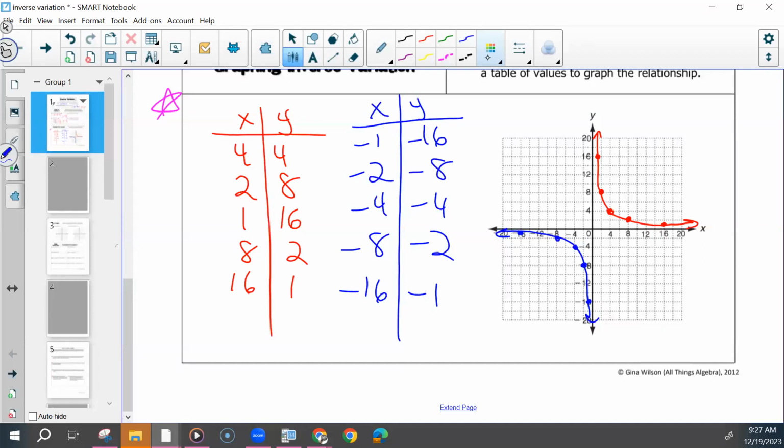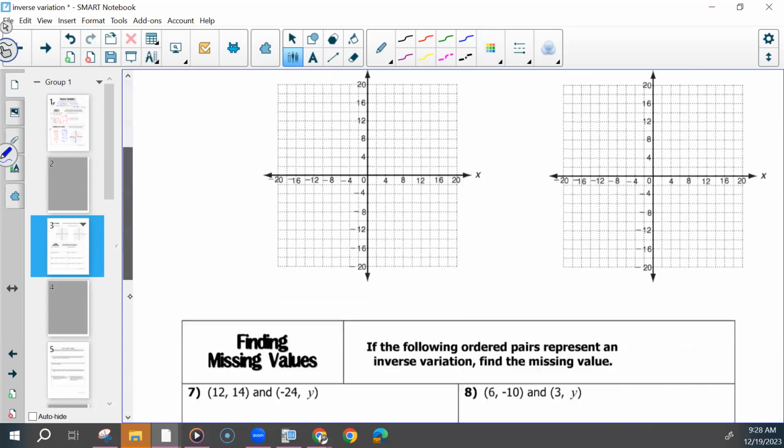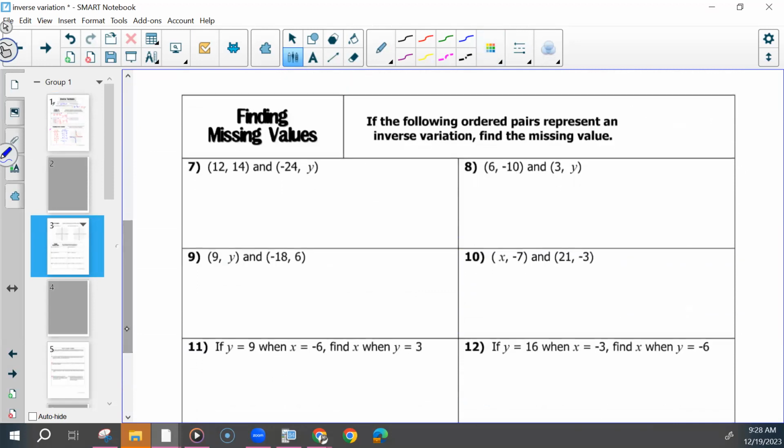So then on the single sheet that I gave you, find the side that has the graphs. We're not doing the graphs, but we're going on to the missing value. Same as direct, we're gonna use our two equations.